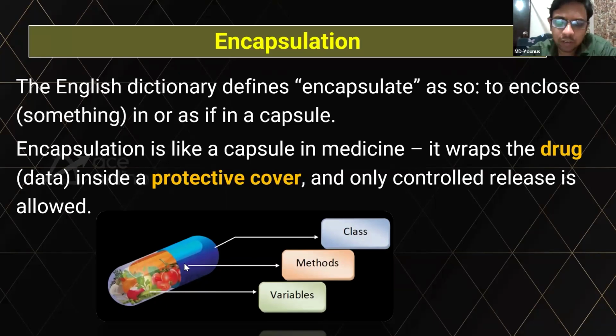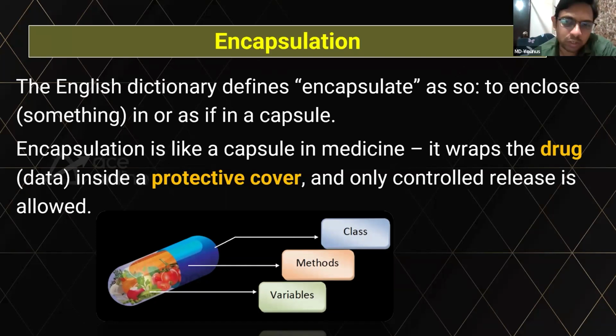In a similar way, if you purchase a chocolate, it comes with a wrapper, right? So what is important there, the wrapper or the chocolate? Obviously the chocolate. So why does the chocolate get wrapped with a wrapper? So that it will be protected from the outside environment, maybe the bacteria.